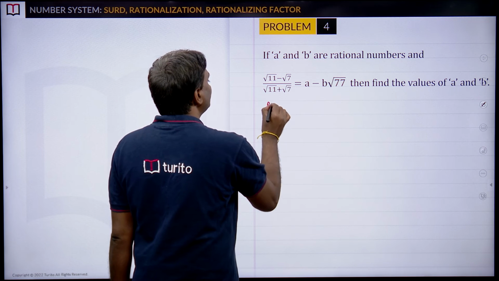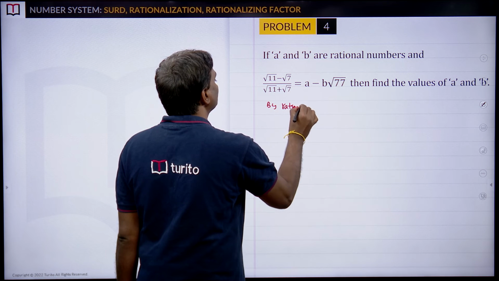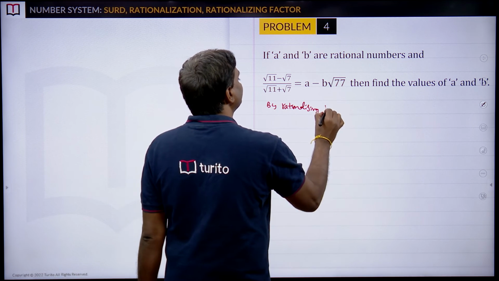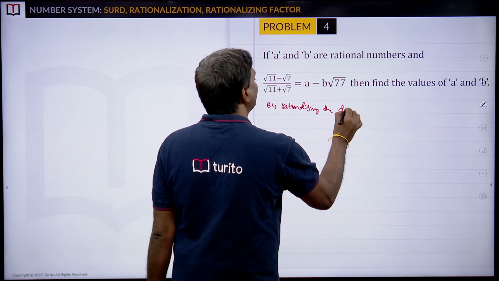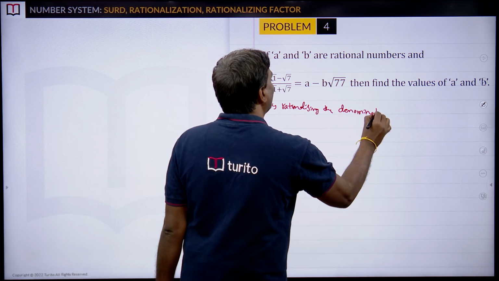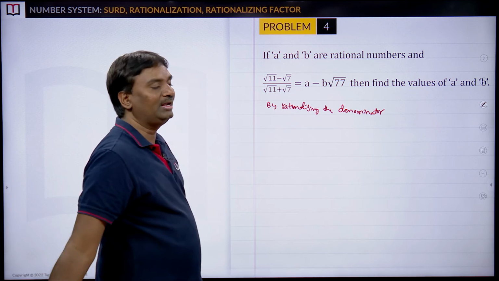So, by rationalizing the denominator. What is the denominator? Root 11 plus root 7.